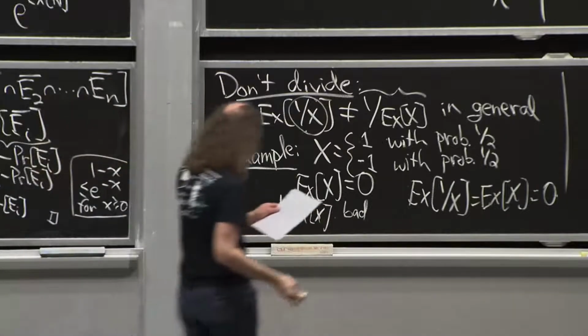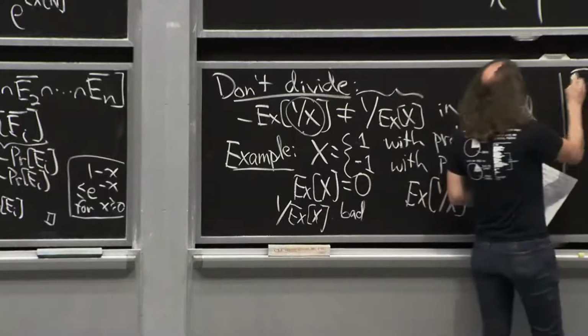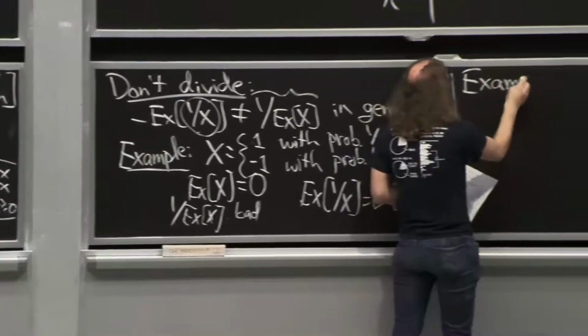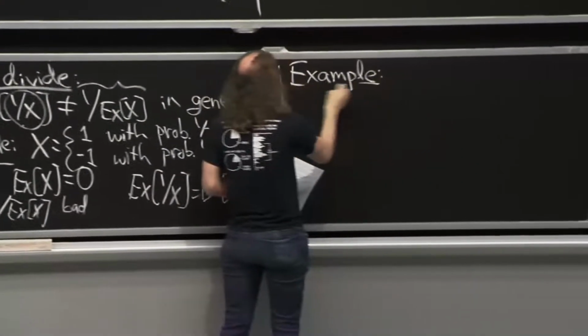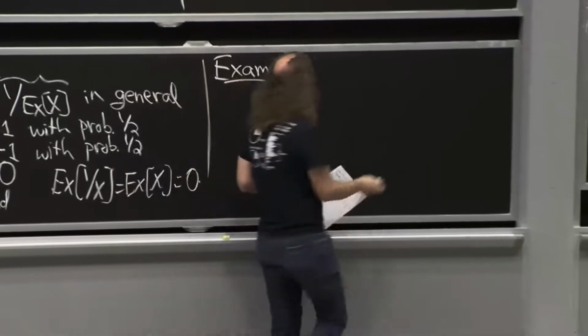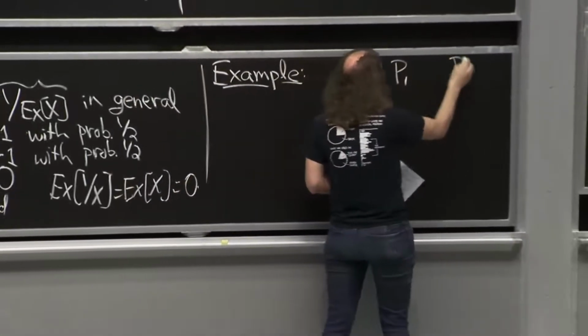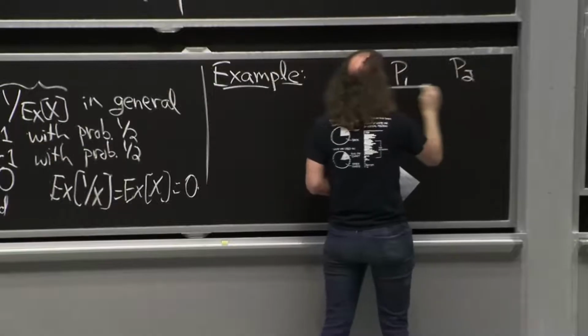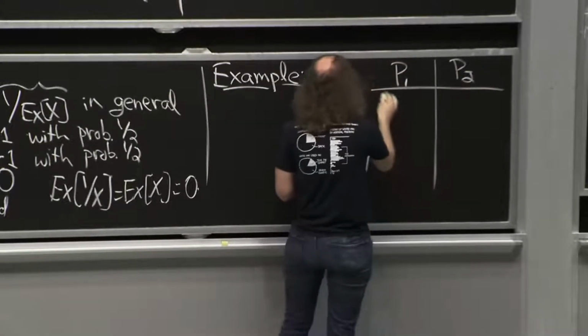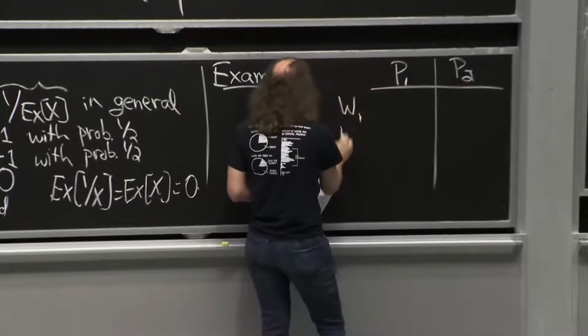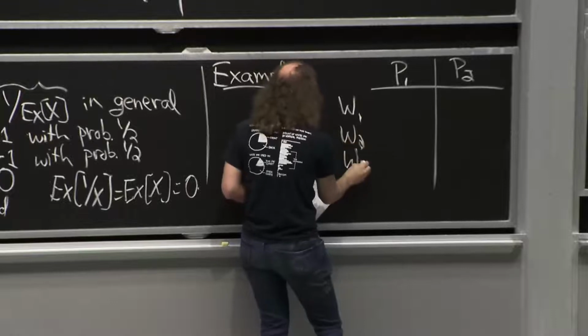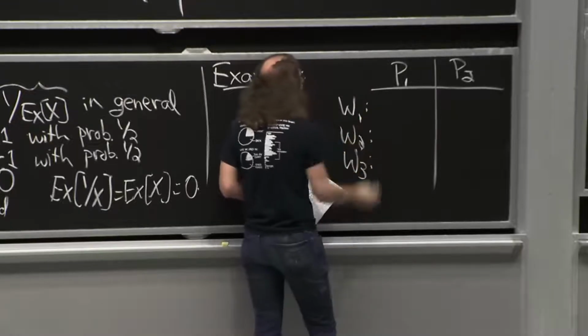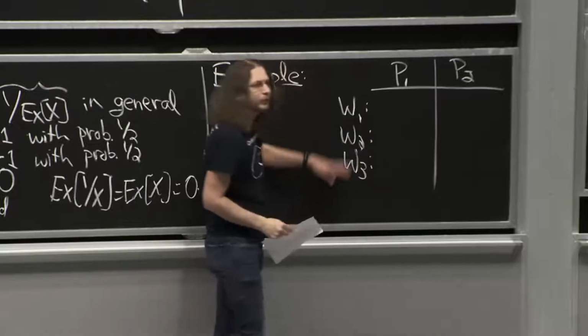Here's a real-world example. This is based on a paper in computer architecture where they're trying to argue that one architecture, I don't know if it was P1 or P2, was better. I think this is a little divorced from the original example. So there were 2 different processor architectures for solving 3 different possible workloads.